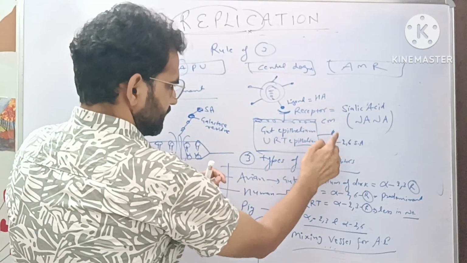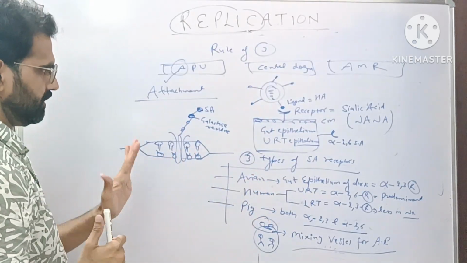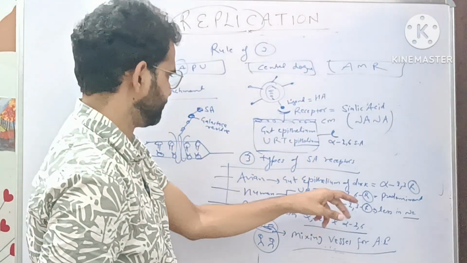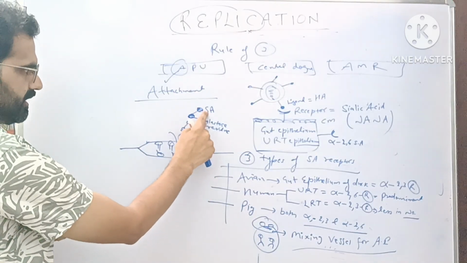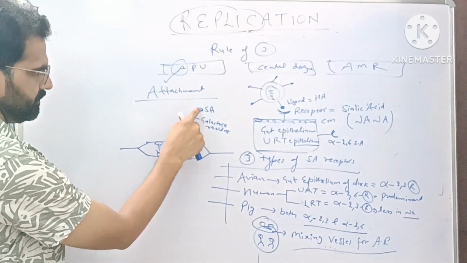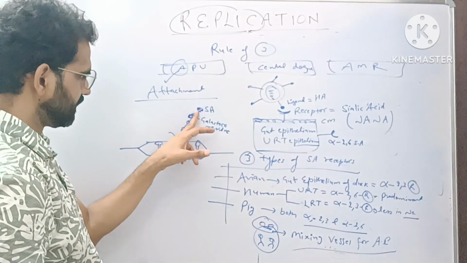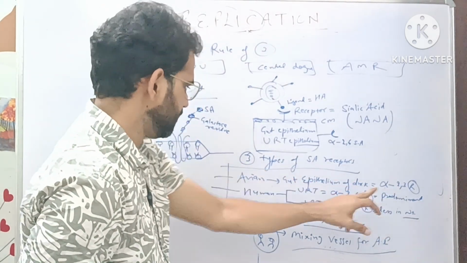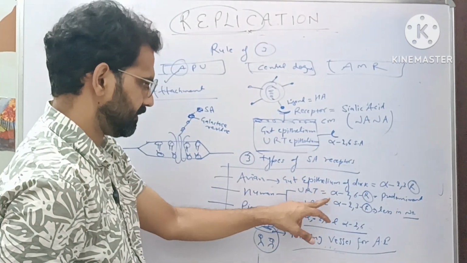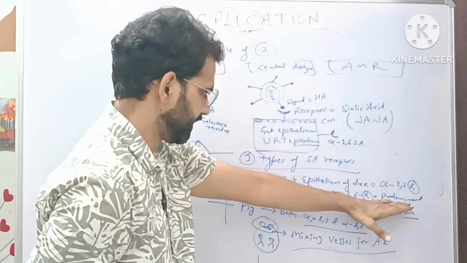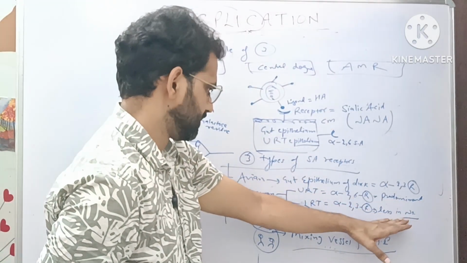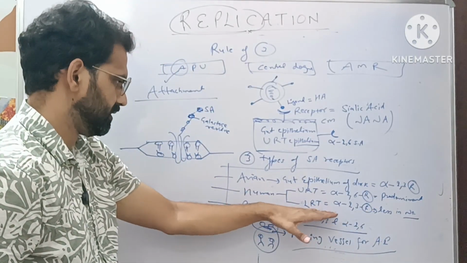These sialic acid receptors are different, and this difference is because of the linkages between sialic acid and galactose residue. This linkage in avian birds is the alpha 2,3 linkage. In human, both types of linkage, but the predominant linkage is in the upper respiratory tract and few in the lower respiratory tract.